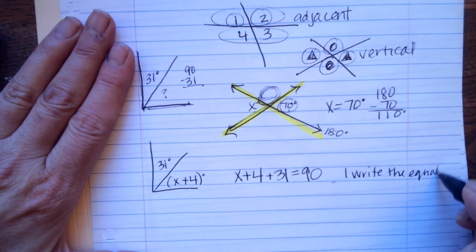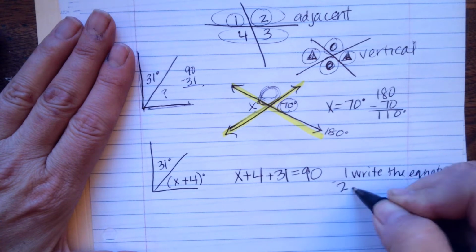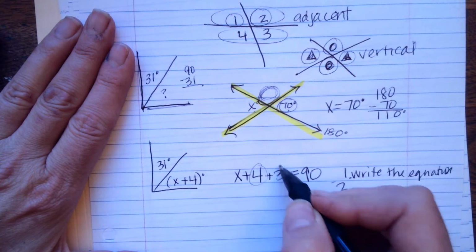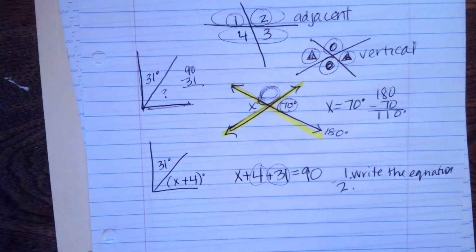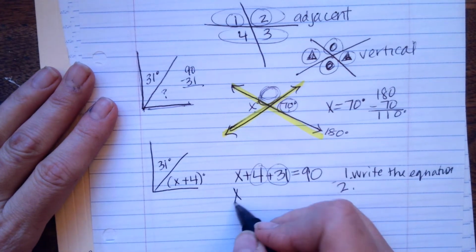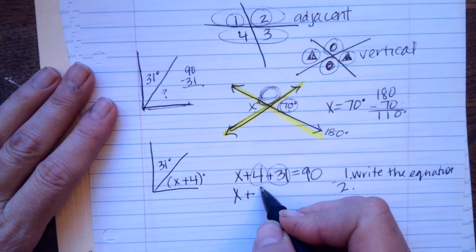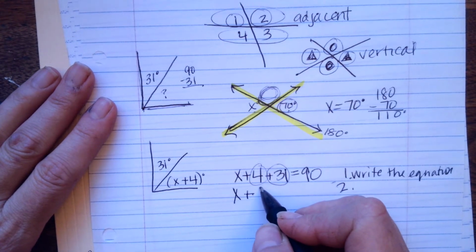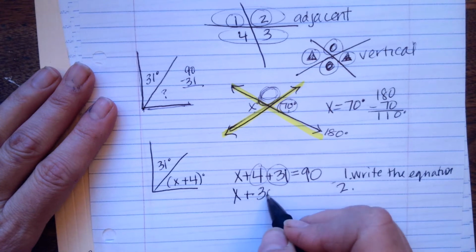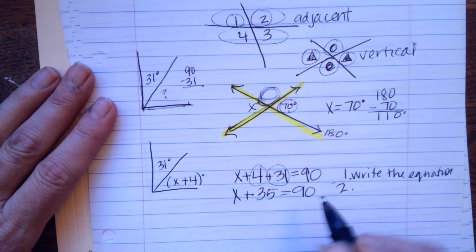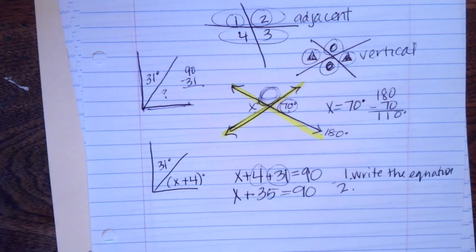So the first step is to write the equation, and the second step is to combine like terms. So we know the numbers go together, and it is x plus what? Like 35. Yep, equals 90. Now we have an algebra problem. They're adding 35, so what do you do?